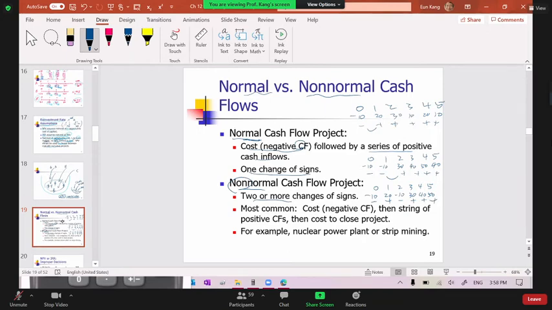Then how many sign changes? Two. Two, are you sure? No, 3. 3, check. Because from minus to plus, plus to minus, minus to plus, so 3 times, right? So in that case, the IRR method doesn't work.